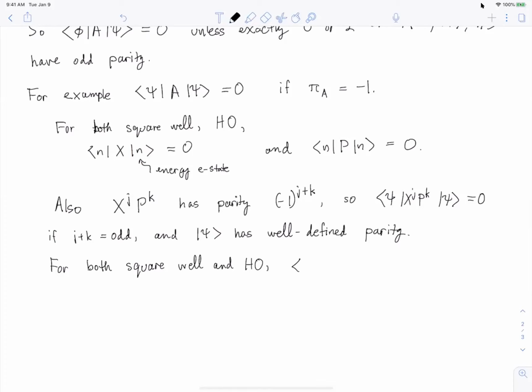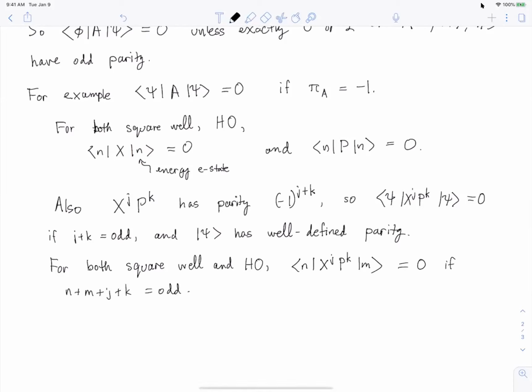That means any matrix element like this, now I'm doing a matrix element between 2 states that might be different, equals 0 if n plus m plus j plus k, that's an integer, is odd.